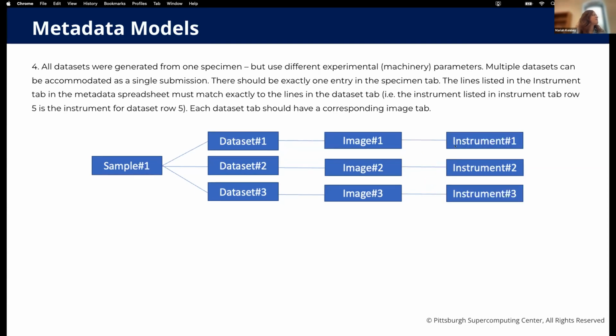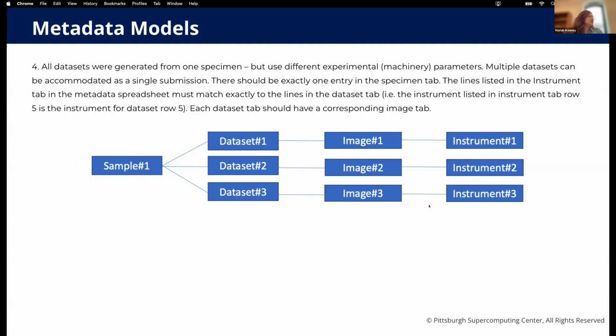And then the final metadata model is that all data sets are generated from a single specimen, but use different experimental parameters. That means multiple data sets can be accommodated in a single submission. So we have multiple data sets, a single sample, and one entry on the specimen tab that's shown here.